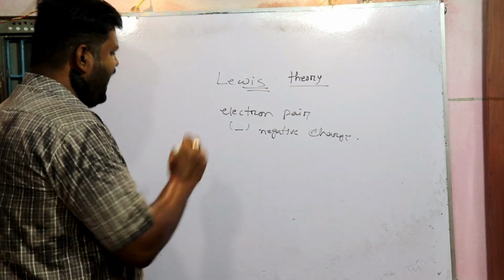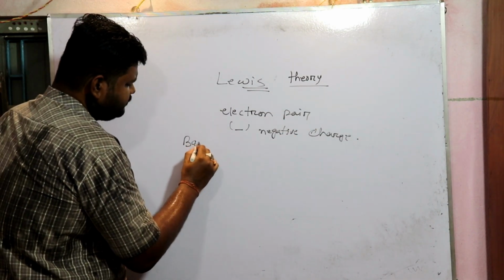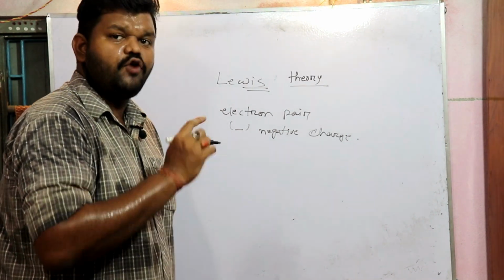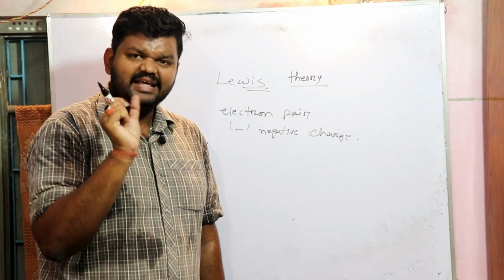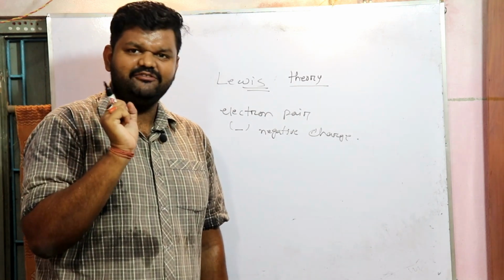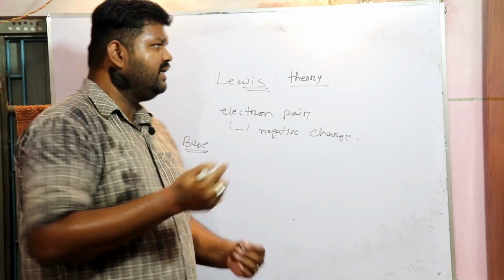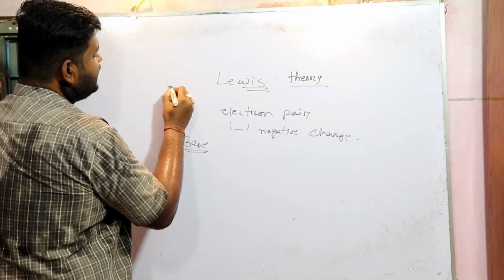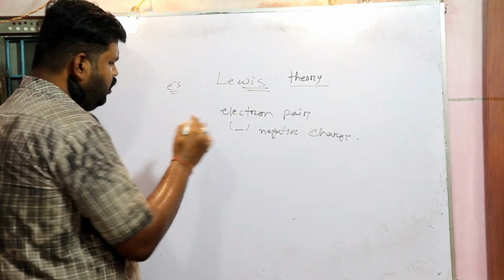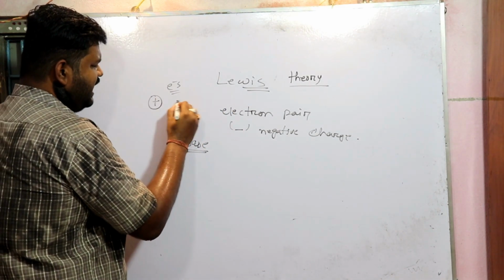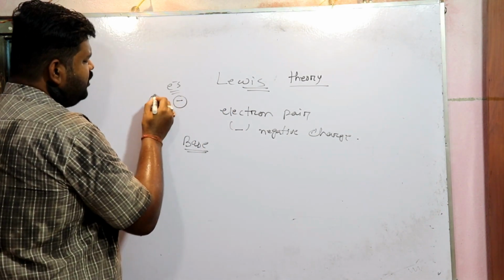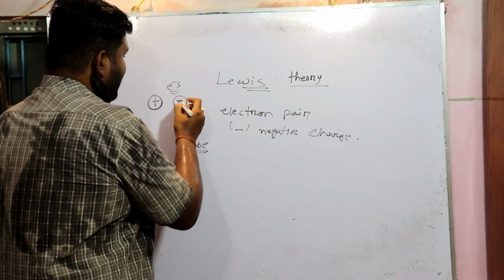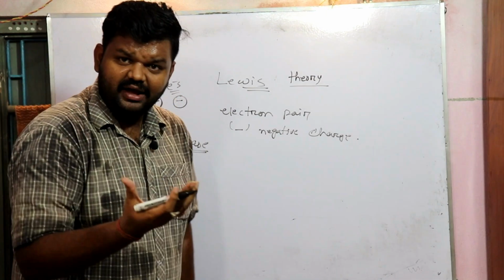It means base will be those substances from which one negative charge or two negative charges, meaning the compounds or particles which have more electrons, are there. We know proton means positive charge, electron means negative charge, cation means lowering of electron, and anion means excess of electron.